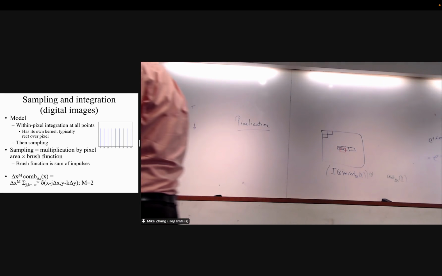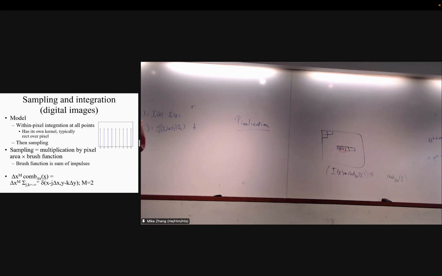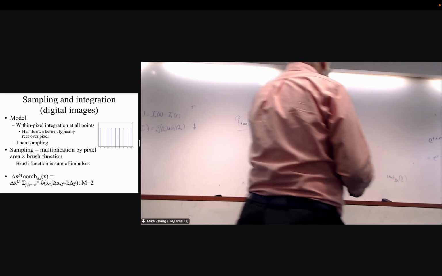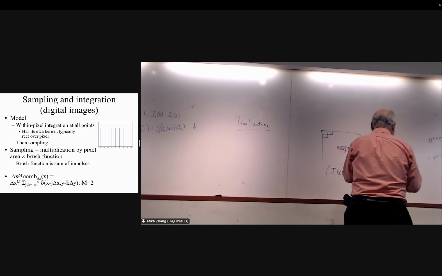And that's not what you want if you want to compare different possible sampling schemes. So in one dimension, to compensate for that, you have to multiply by delta x.